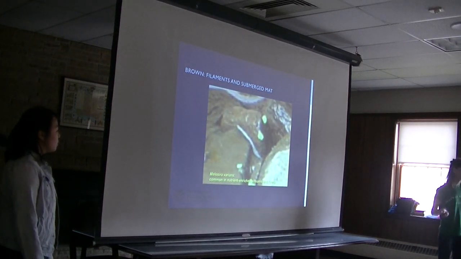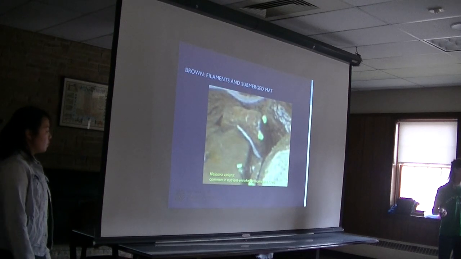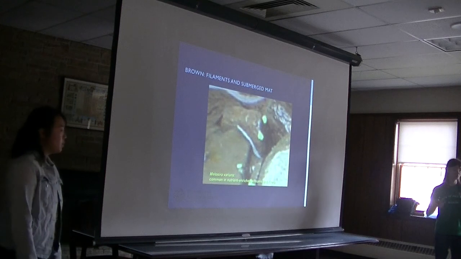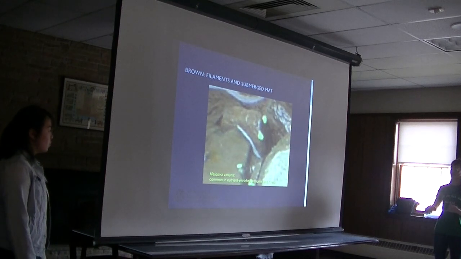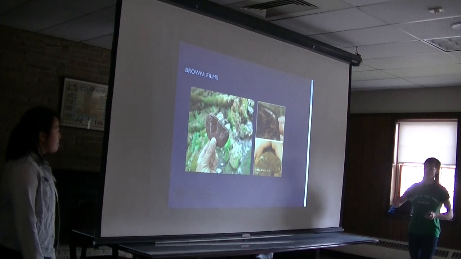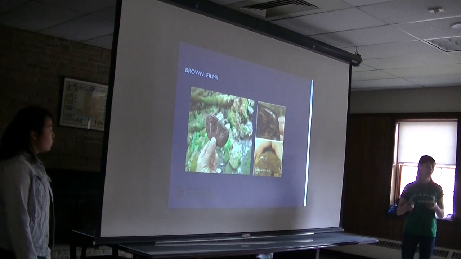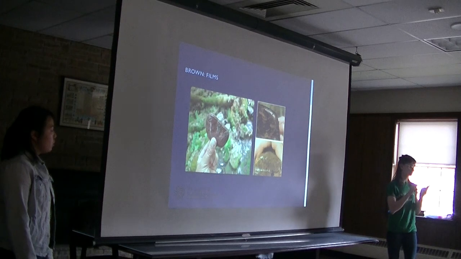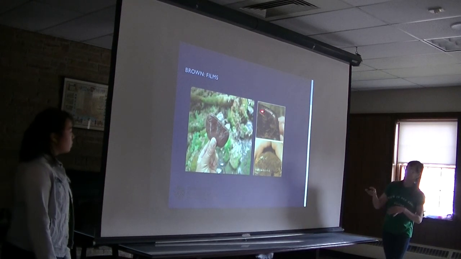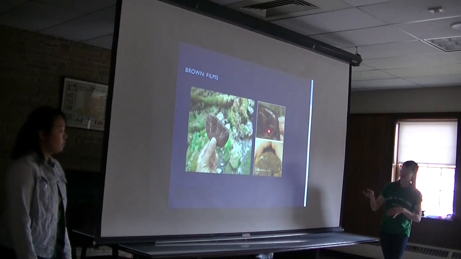But we'll probably see an example of this when we go down to the stream. If we do, I'll be sure to point it out and answer any questions that you have about what that would look like. So some examples of brown films. This isn't a whole lot of films, and what we mean by films is just a thin coating. Maybe it doesn't completely cover the rock, but it's just in little sections.